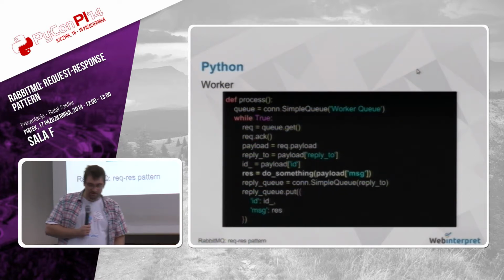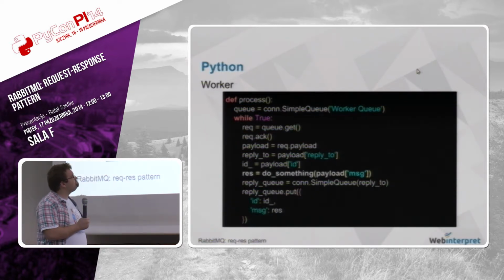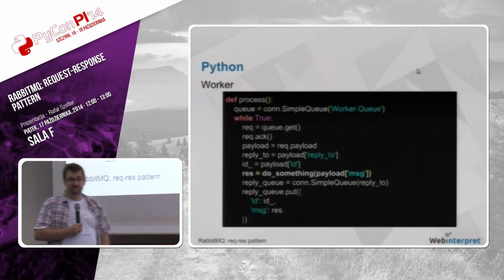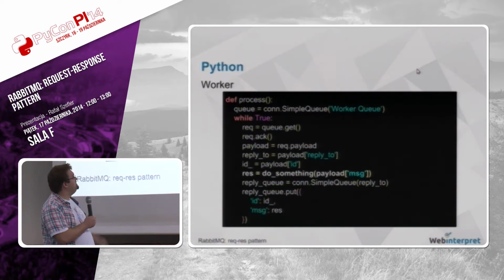It's an internal RabbitMQ mechanism to acknowledge messages, to tell it, yeah, I've received this message, everything is fine. We take the payload, the data we've sent, and we do something with the data. Once we get our result, we connect to the reply queue and put it in there.